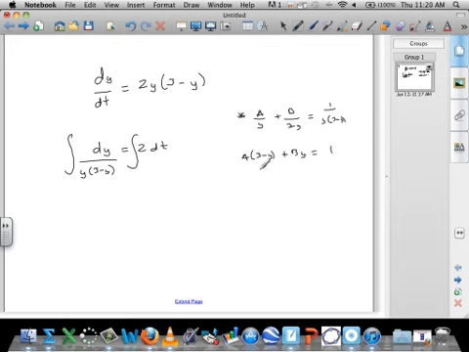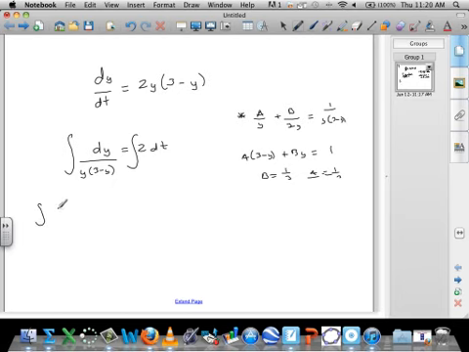Then using Heaviside, if we let y be 3, then I see that b is 1/3. And if we let y be 0, we see that a is 1/3. So that's kind of interesting, they both end up being the same. But anyway, come back over here.